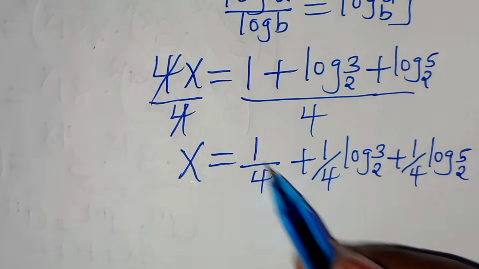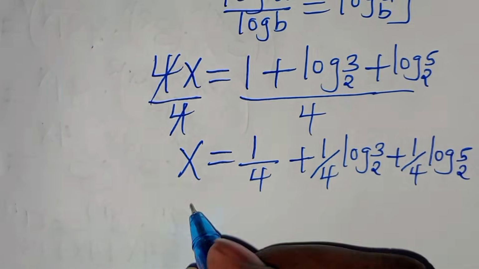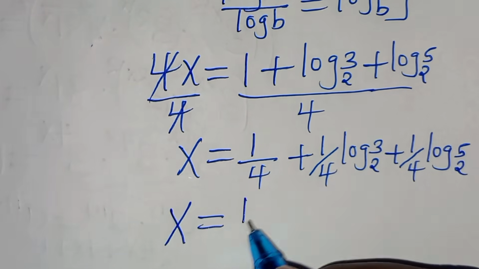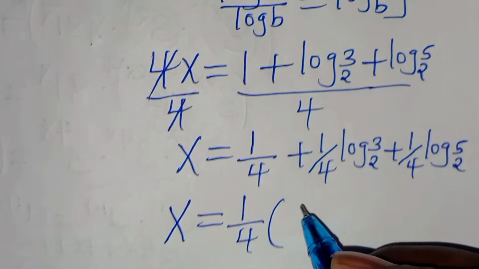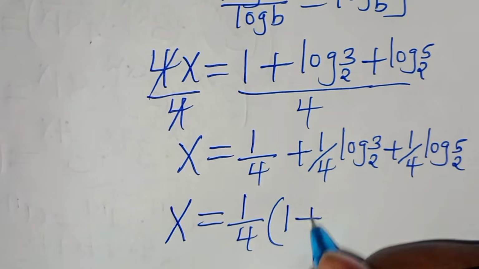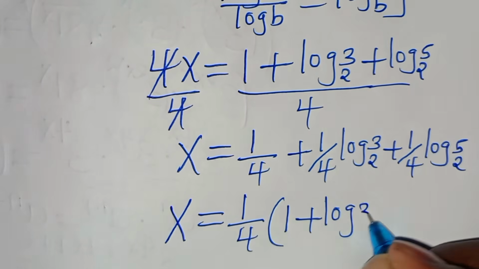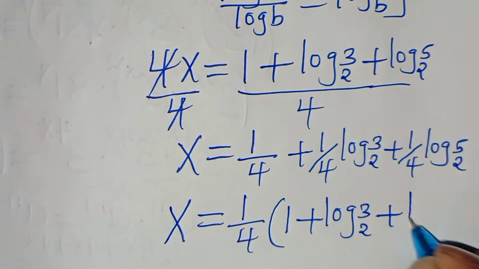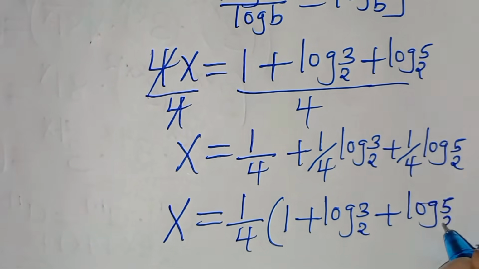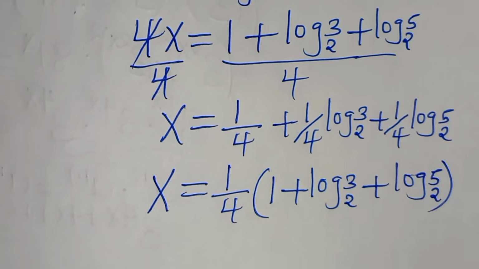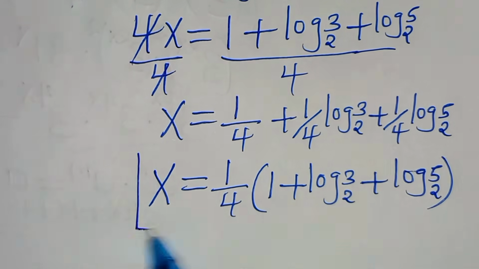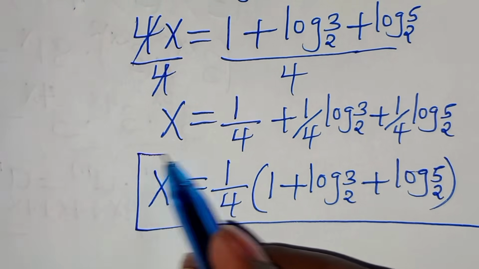But since 1 over 4 is common here, we can express x as 1 over 4 into the parentheses, 1 plus log 3 to base 2, then plus log 5 to base 2. So this is the value of x.